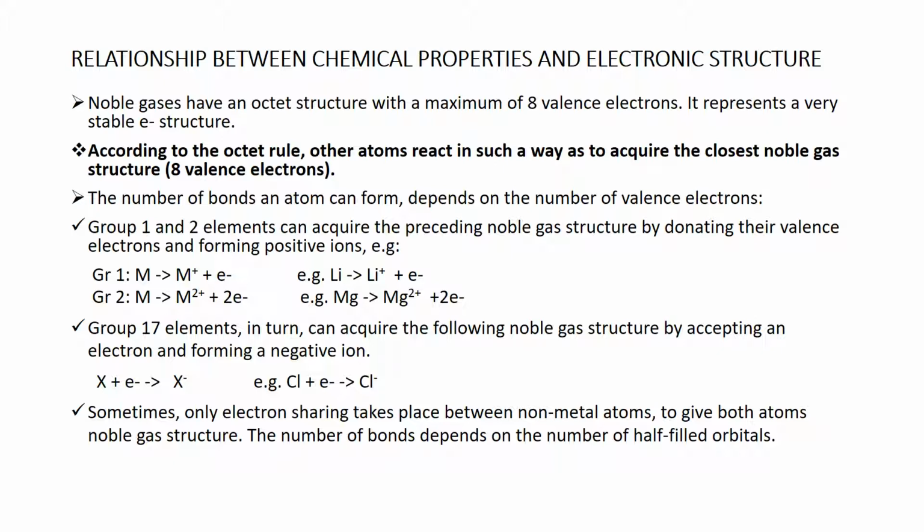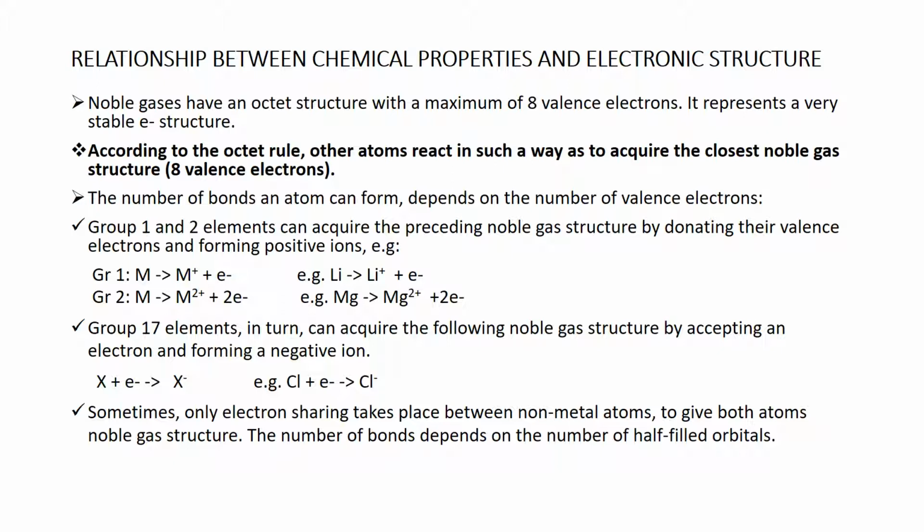The number of bonds an atom can form will depend on the number of valence electrons. For example, group 1 and 2 elements can acquire the preceding noble gas structure by donating their valence electrons and forming positive ions. So for group 1 and 2 elements, it is very hard for them to acquire the structure of the next noble gas.